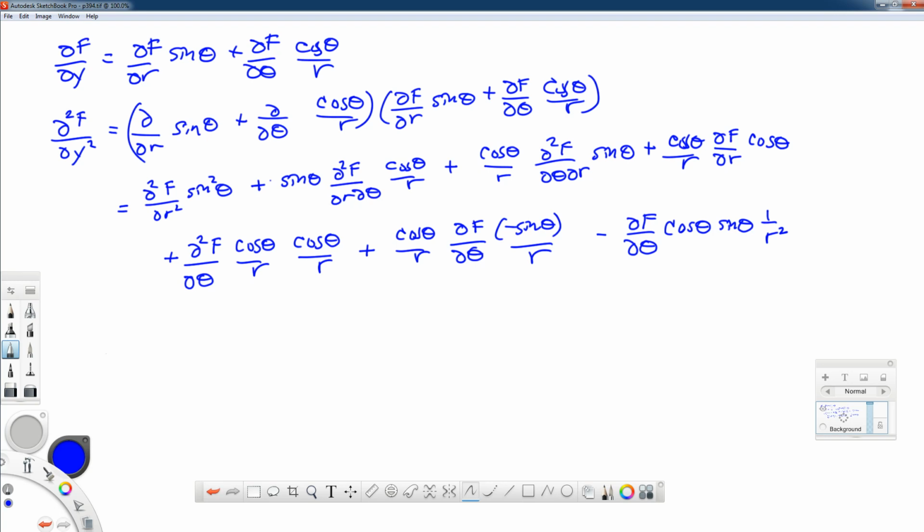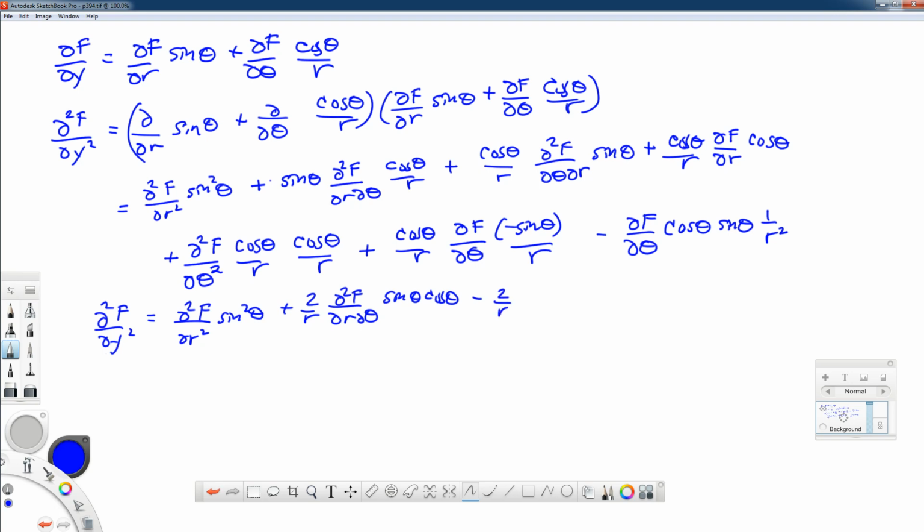Let me just check this again. And I do believe I have them all. I do need to indicate this is a second partial derivative here. Alright, so let's see what we have. The second partial of f with respect to y twice then is going to be second partial of f with respect to r twice times sine squared theta, plus 2 over r, second partial of f with respect to r and theta, sine theta cosine theta.